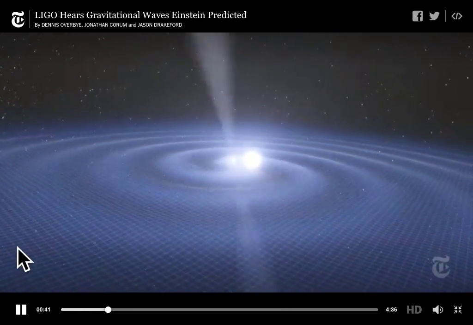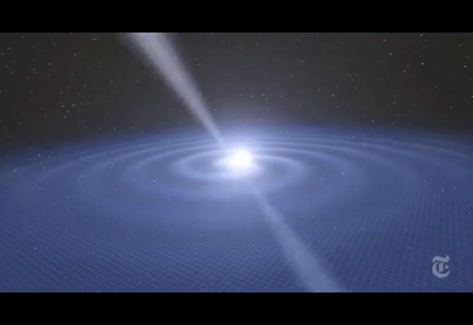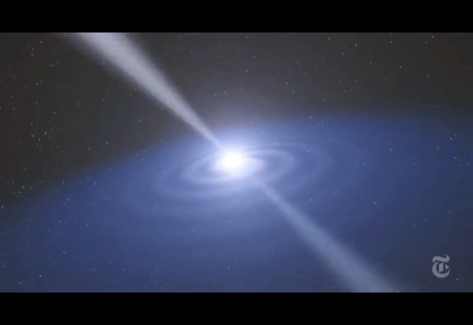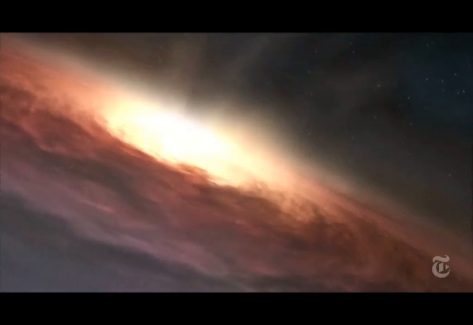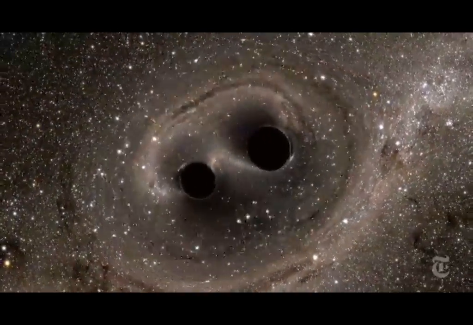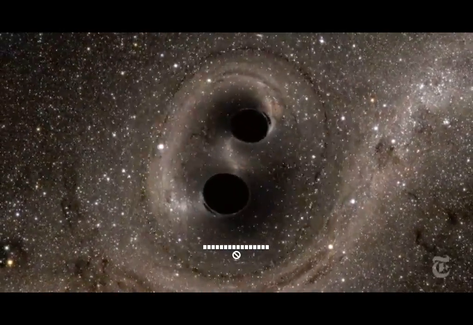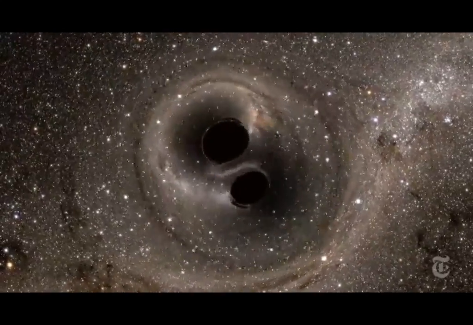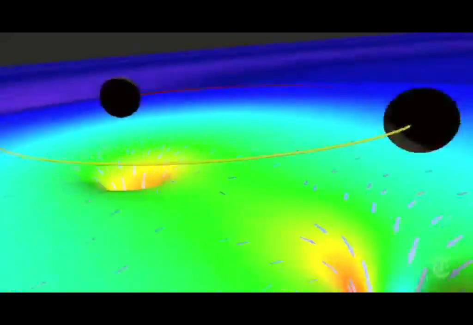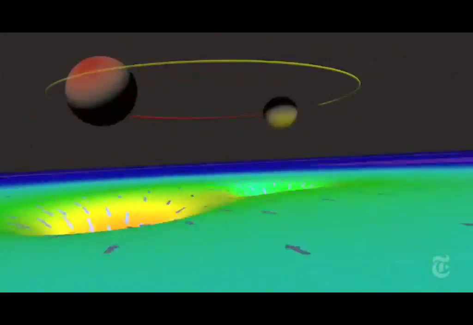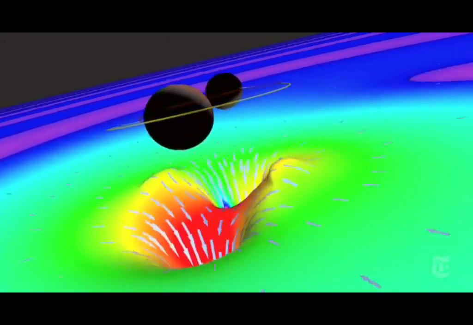The acceleration of massive objects would boil the fabric of space and time, sending out gravitational waves. Nobody had detected them until now. 1 billion years ago, in a distant galaxy, a pair of black holes circled each other. They spiraled inward and finally merged. The collision unleashed the energy of 1 billion trillion suns in a fraction of a second.